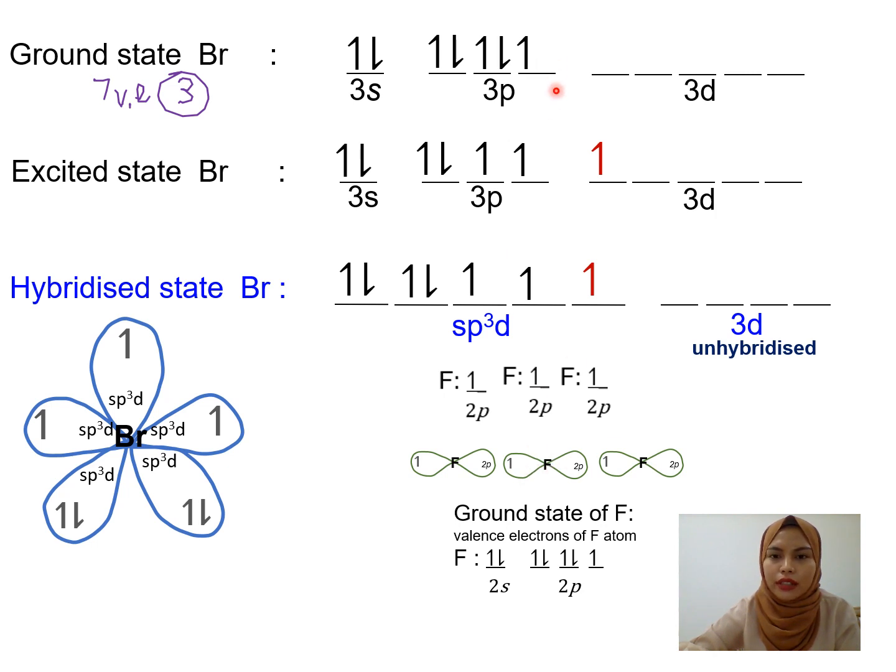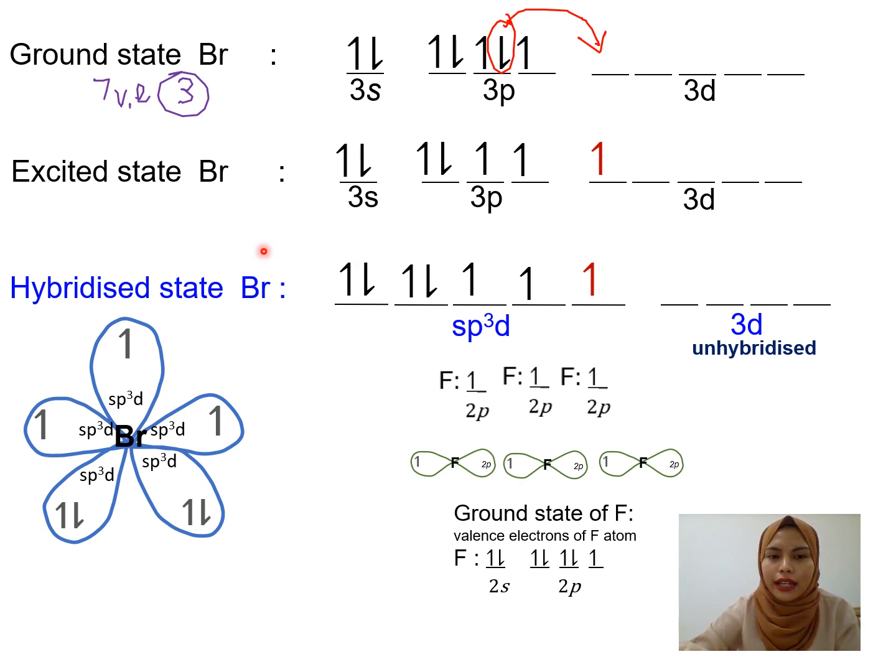So untuk dia buat 2 bond dengan fluorine, kiranya you kena wujudkan dia sampai ada 3 single elektron. Therefore kita akan korbankan salah satu pair di sini. Okay, pair elektron di sini kita korbankan this one, kita akan excitedkan dia kepada 3D orbital.